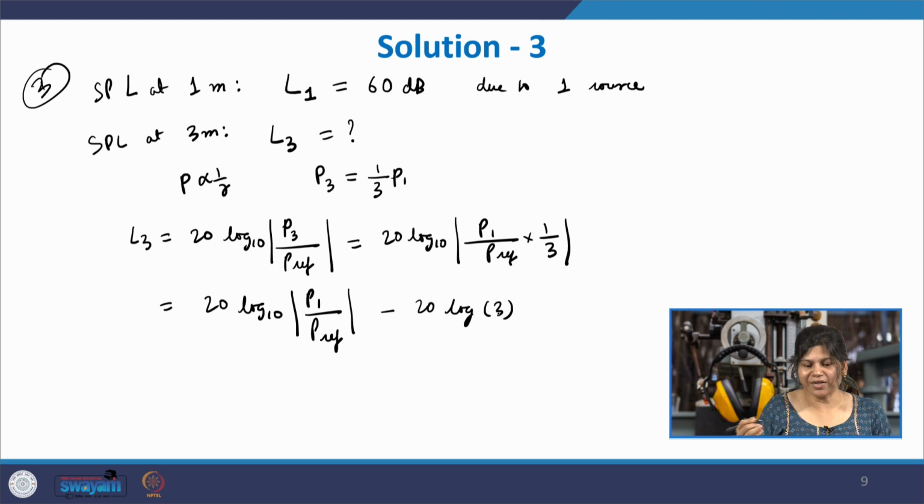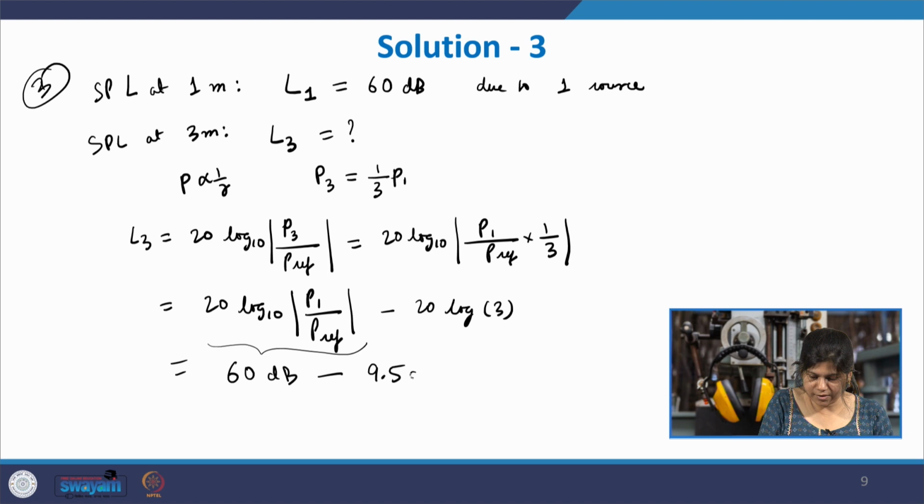So, the pressure is obviously going to decrease and hence the SPL is going to go down. This is L1 by definition. So, this becomes 60 dB, and if you calculate 20 log 3, you will find that it is 9.5 decibels. So, individually each source is contributing 50.5 dB at 3 meters.